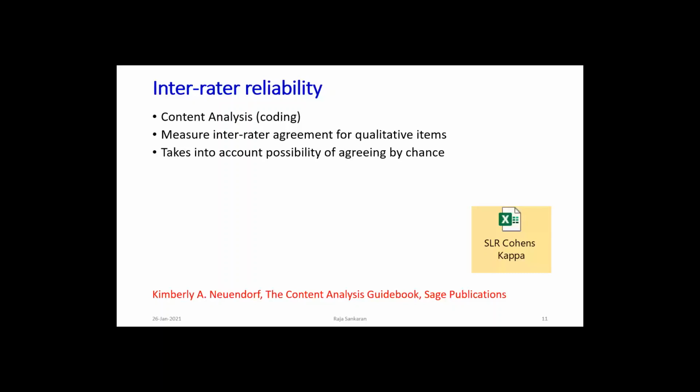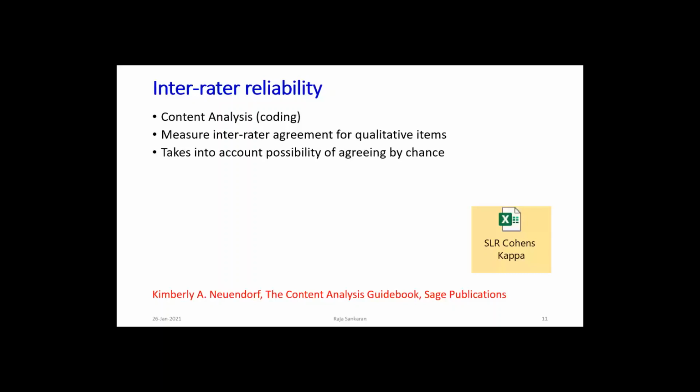Let me re-emphasize that SLRs, meta-analysis, and anything beyond this that you do should get good citations. That can only come from ensuring that rigor has been established and maintained as part of your research.